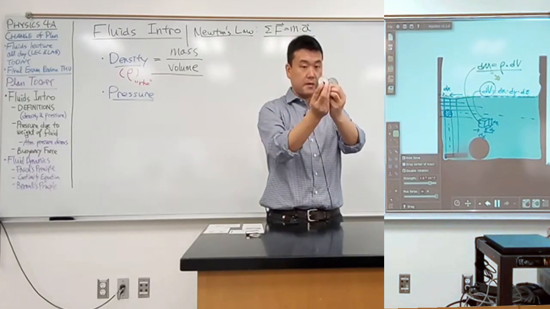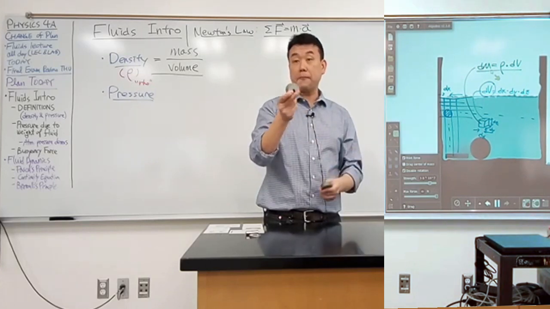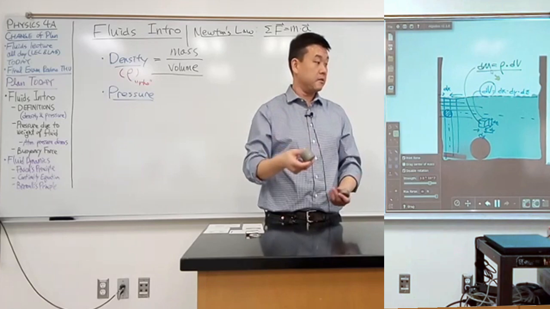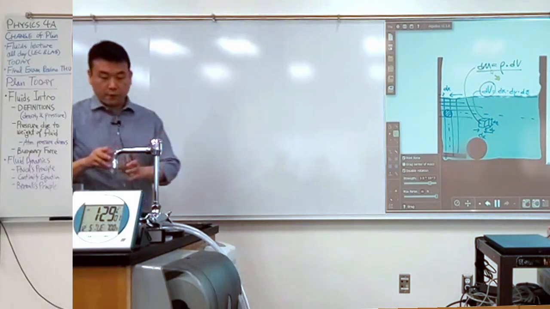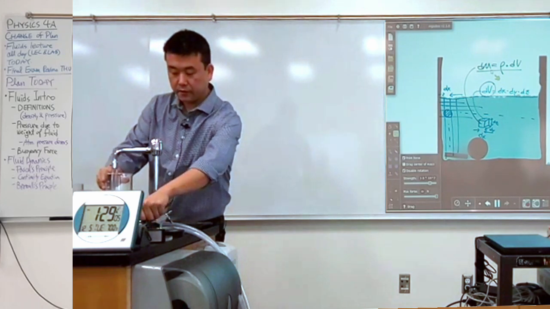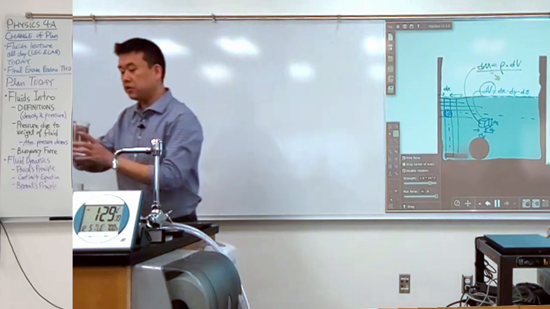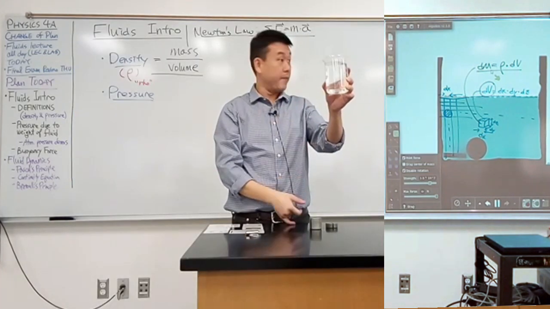But density is something that people identified early on as the property of the material. It's the property of iron. It's a property of water. If you get some amount of water, so let me try to get 500 milliliters of water, then the water has a certain amount of mass.